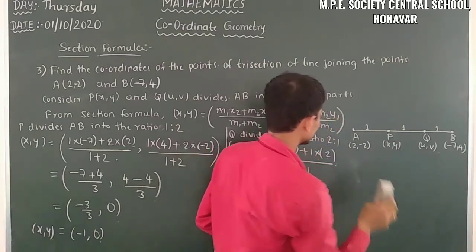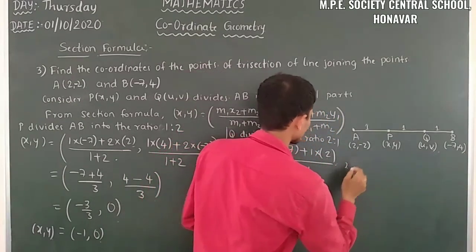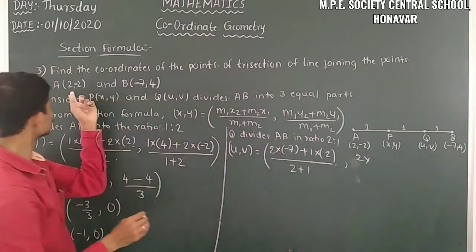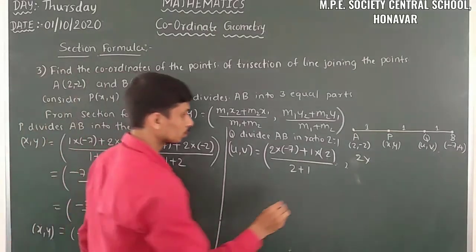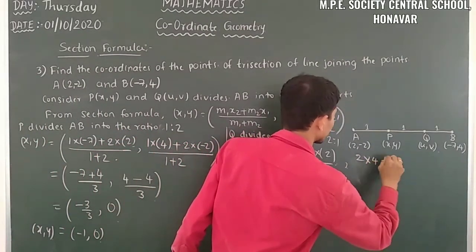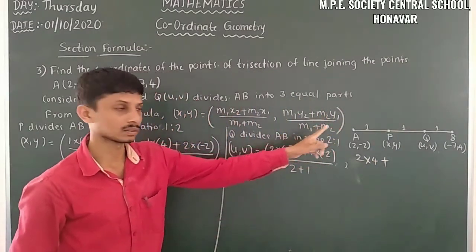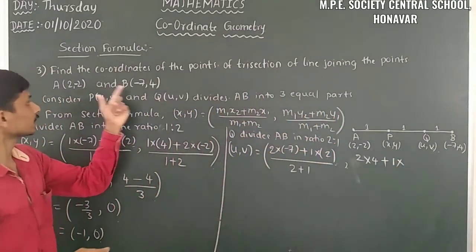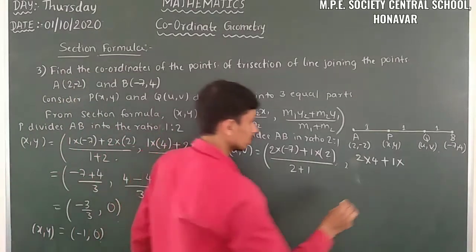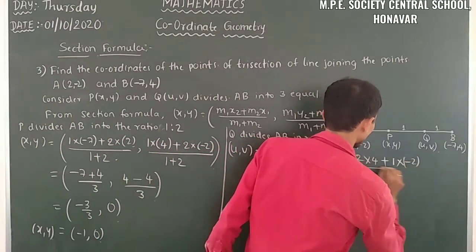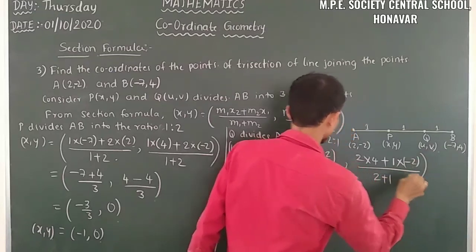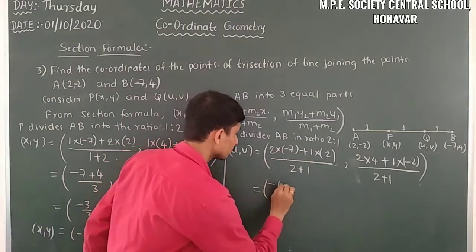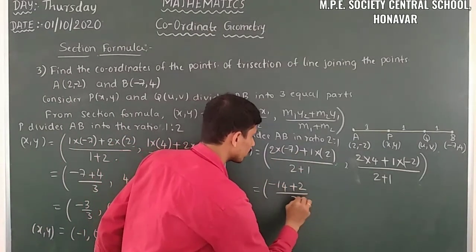Then comma. For the second part, m1 y2 is 2 into y2, which is 4, so 2 into 4, plus m2 y1, that is 1 into y1, which is -2, divided by m1 plus m2, that is 2 plus 1. Let us simplify. 2 into -7 is -14, plus 2, divided by 3.